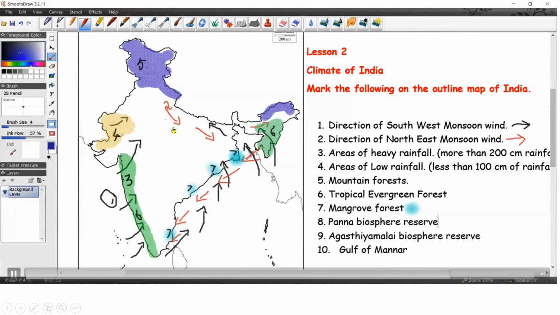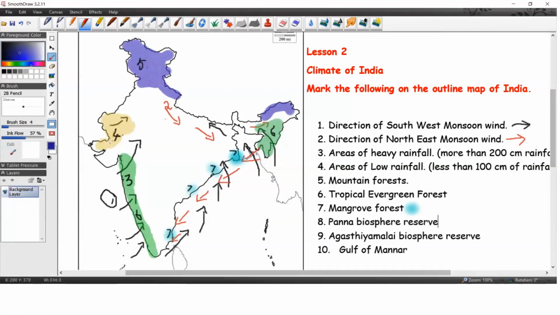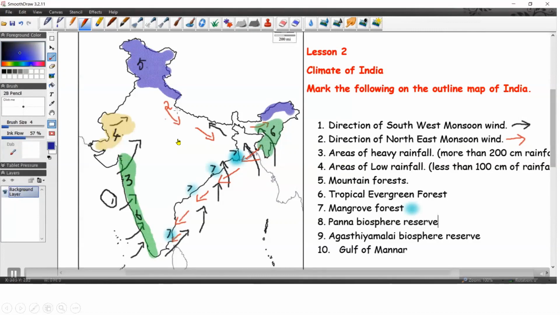At the intersection of these 2 points, you have Panna. Yes, this is Panna Biosphere Reserve in Madhya Pradesh. This is number 8.